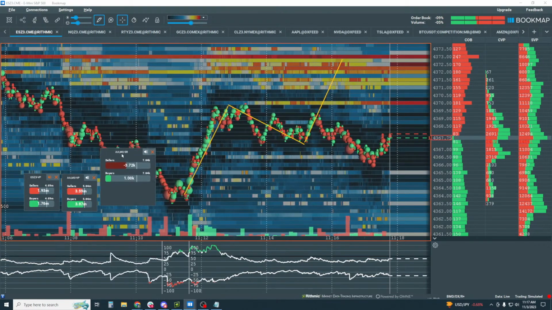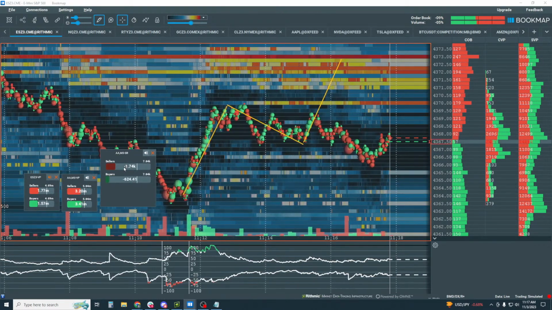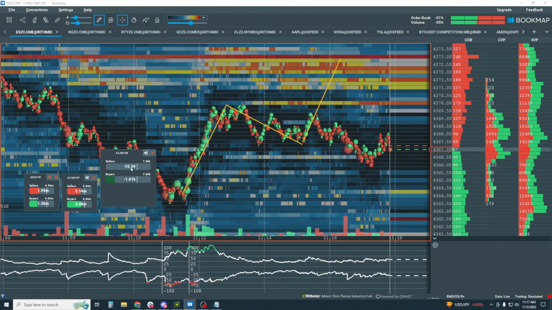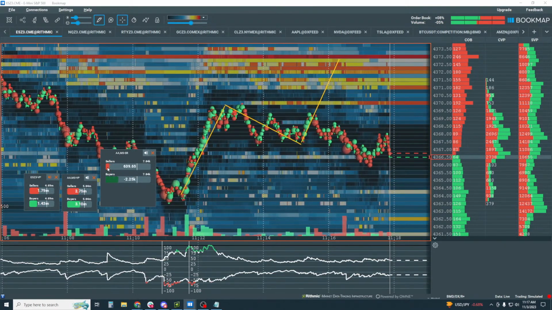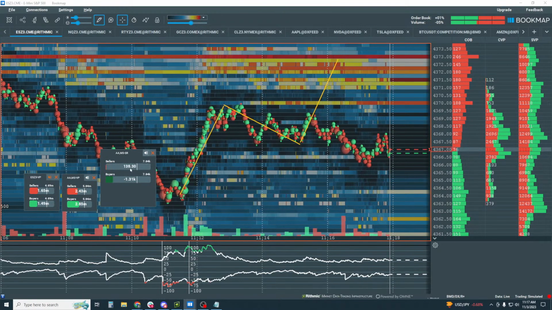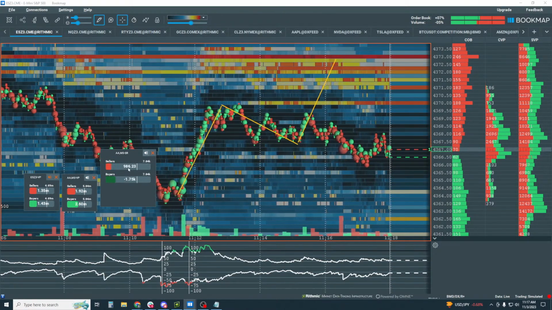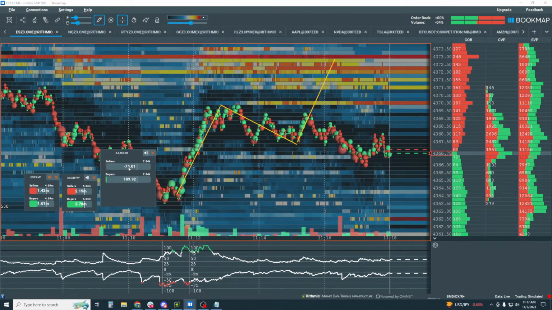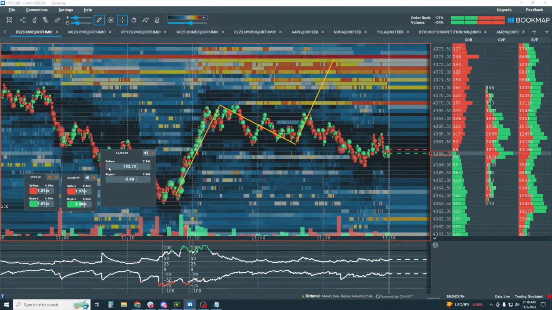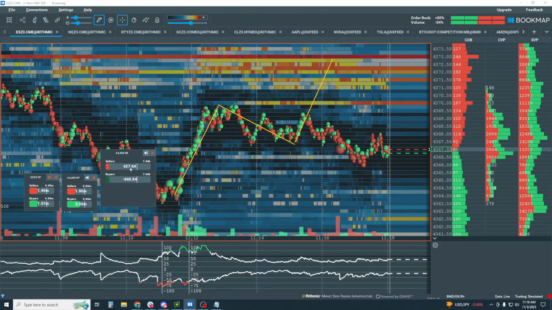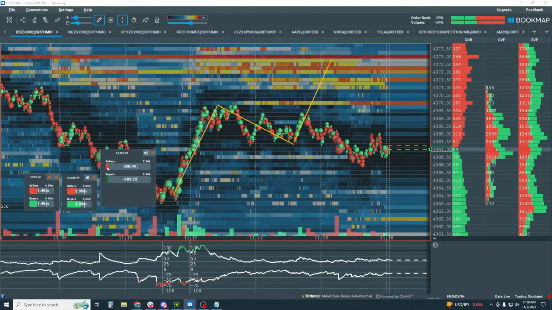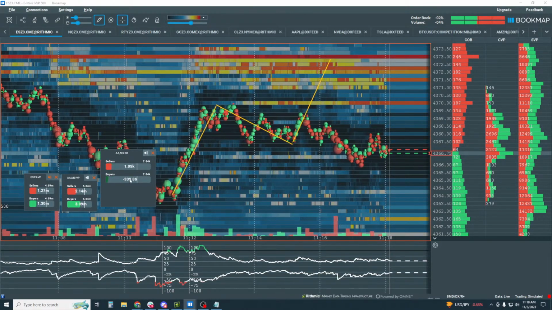And then let's also go through the output. See how this is a negative value in here on the sellers, and it just changed. Now it's positive and it's a bright red. That means they're adding on the offer if it's a positive number. If they're going to pull liquidity on the offer, this would be a negative number and it will be dark red. The same for the buyers in here.